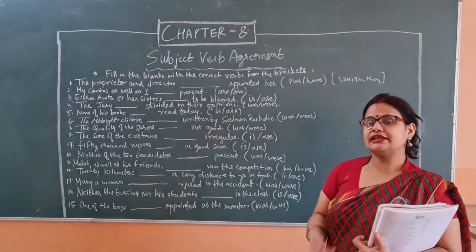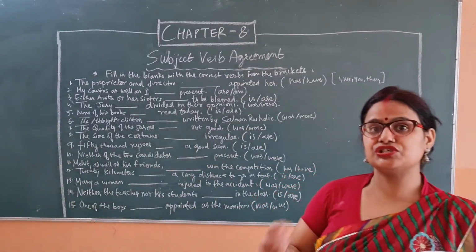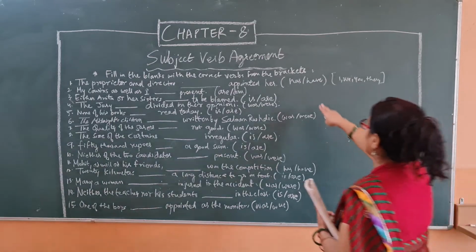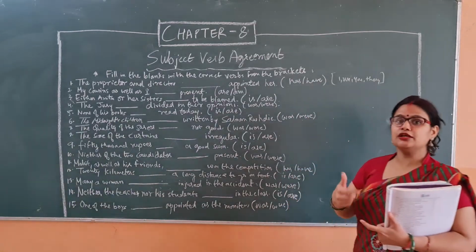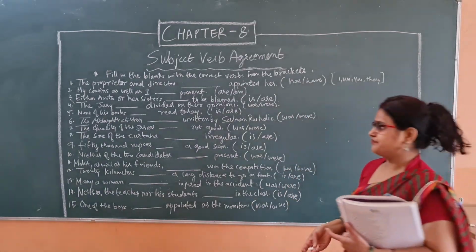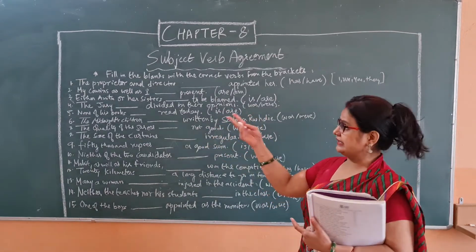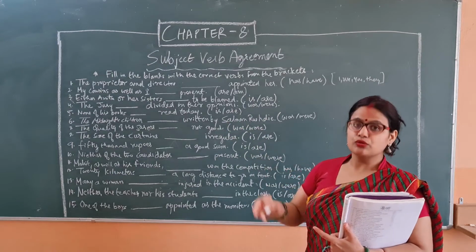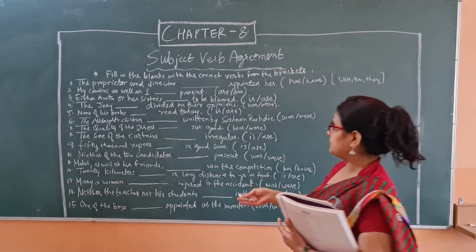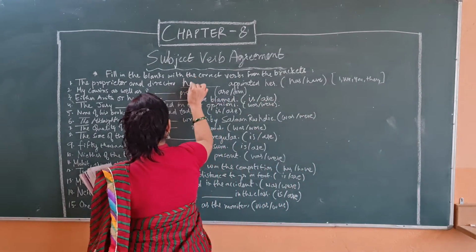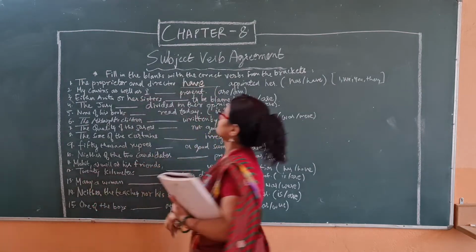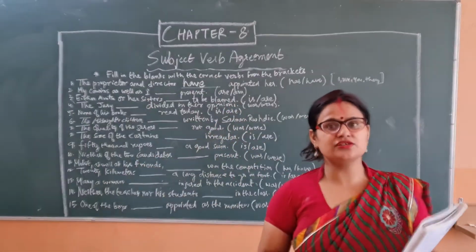You are already aware has is used with he, she, it, and have can be used with I, we, you, they. So is it singular or plural? There are two. It can be we or they, so have. So it means you are supposed to use have here. Hope it is understood to you.